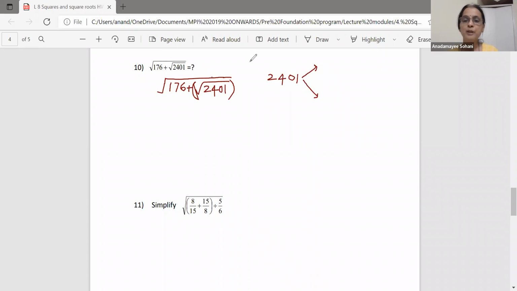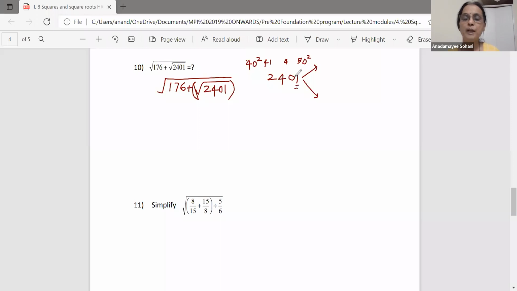2401 lies between 40 square, 1600, and 50 square, 2500, and it is ending with 1. So my square roots will end with 1 or 9. So there will be 41 or 49.